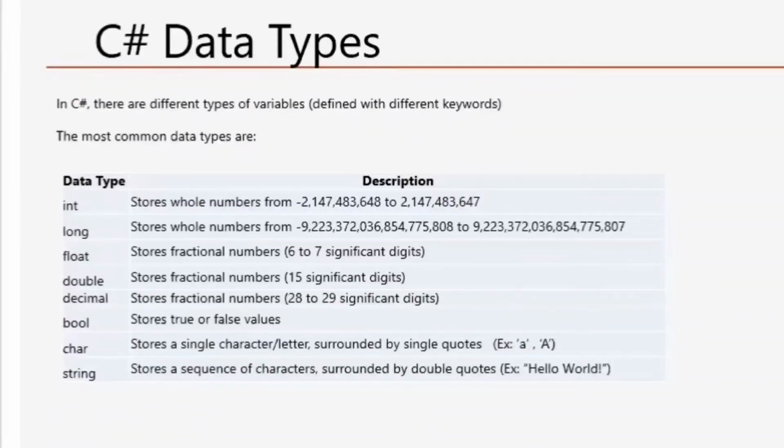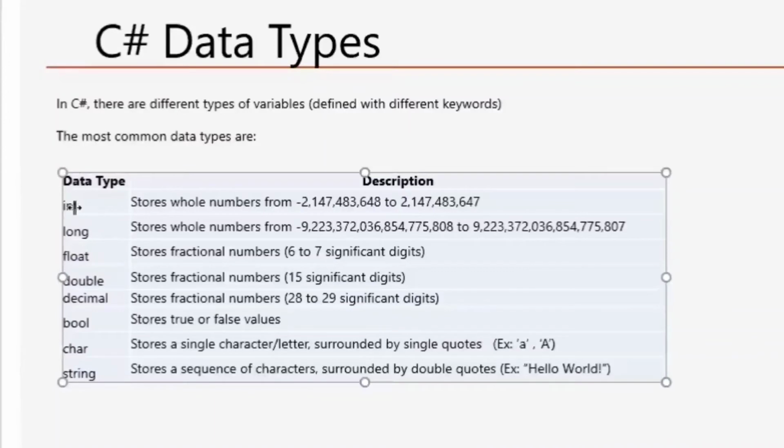That is the data type. Every language supports various kinds of data types, and custom data types will be there too. But the basic ones, especially in C#, are these.